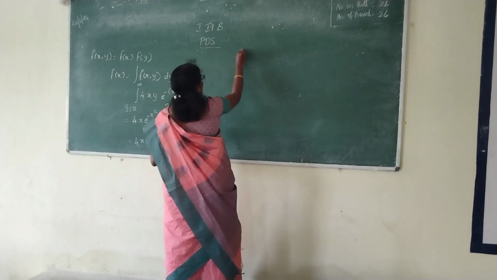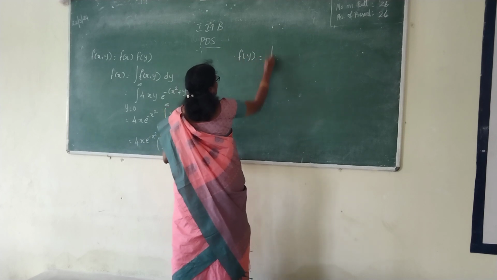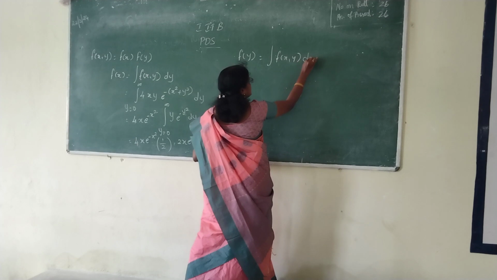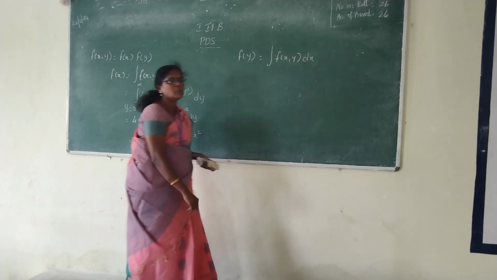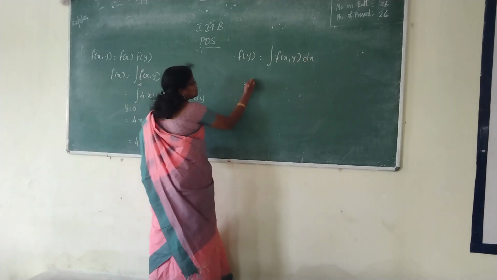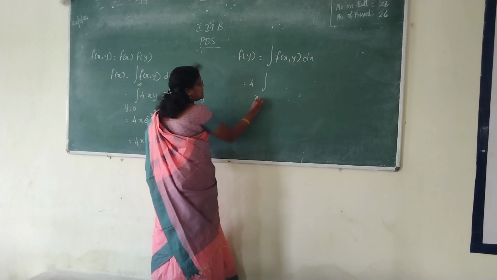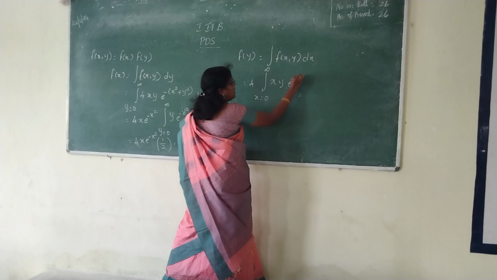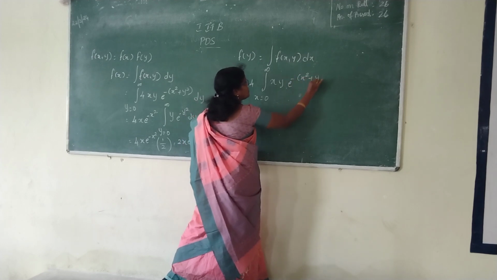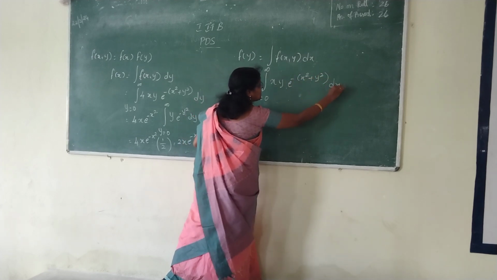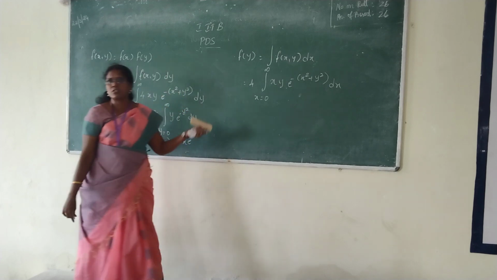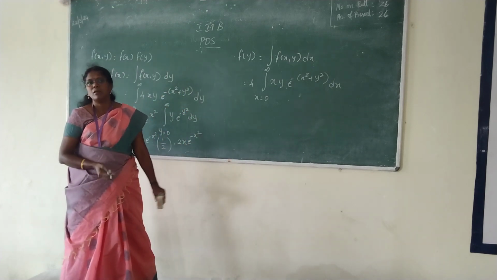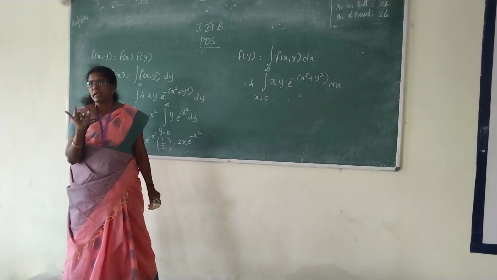So f(y) is equal to the integral of f(x,y) dx. We are going to integrate with respect to the x variable. So 4 into the integral from x equal to 0 to infinity of x e power minus of (x square plus y square) dx. What will remain as constant? 4, and next y e power minus y square.